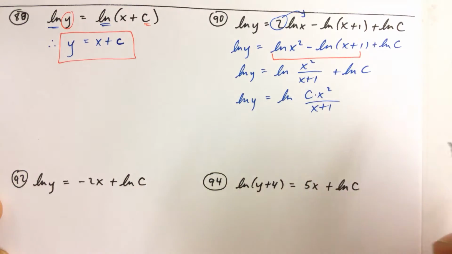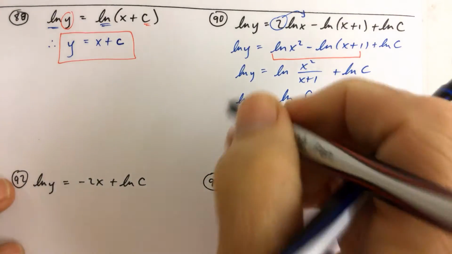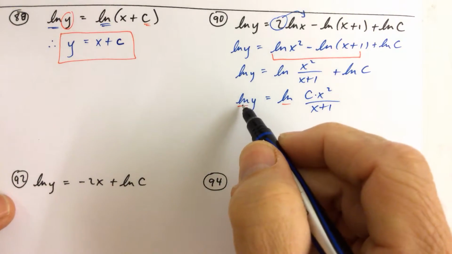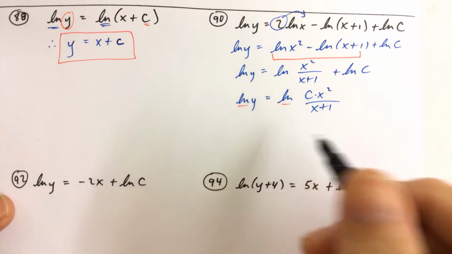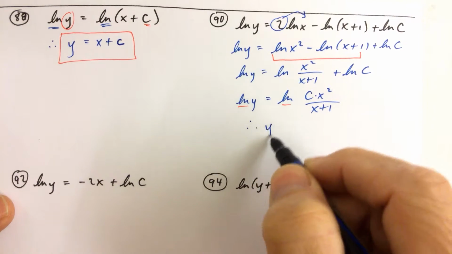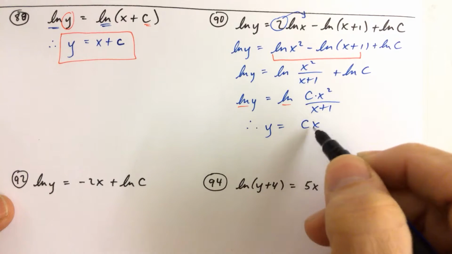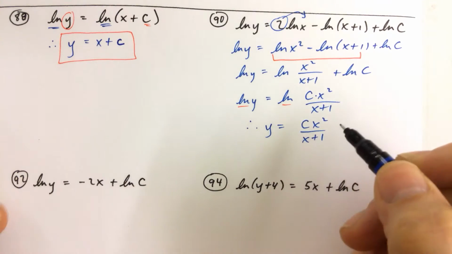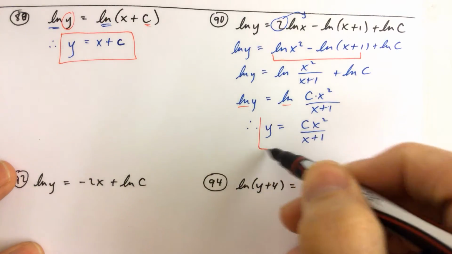We can write it like that. Now we have the situation we've been waiting for, where we have one log on one side, the same base as one log on the other side. So we equate the arguments. We have y equals c times x squared all over x plus 1.